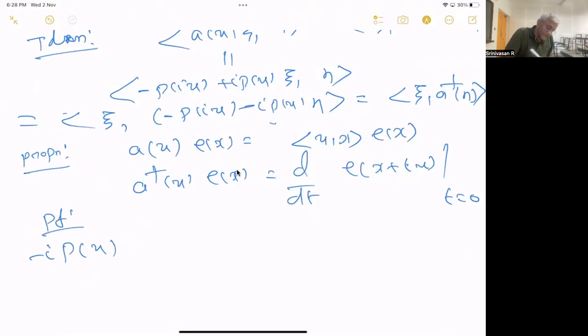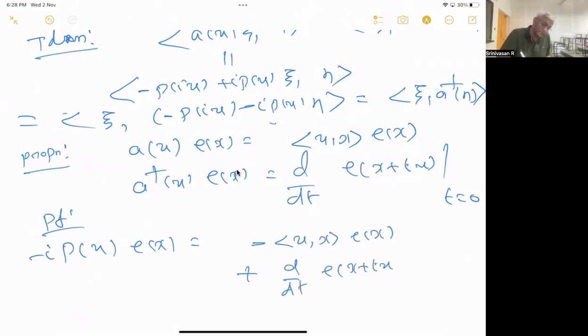Proof. I P of U acting on E of X, we have found, is equal to minus UX E of X plus d by dt E of X plus tU at t equals 0. This is what we found. So what is P of IU?